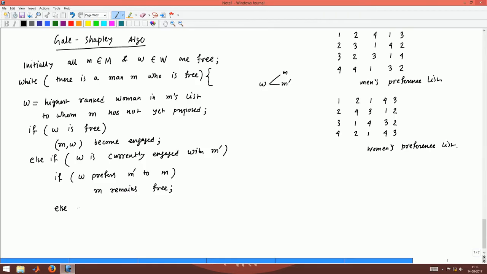Else if W prefers M to M prime, then M and W become engaged and her current matched partner M prime becomes free.